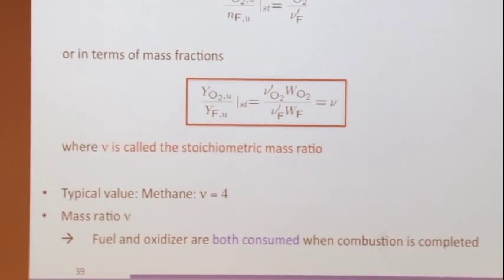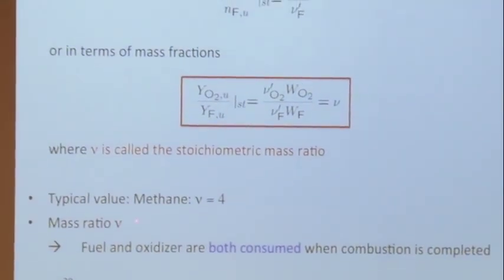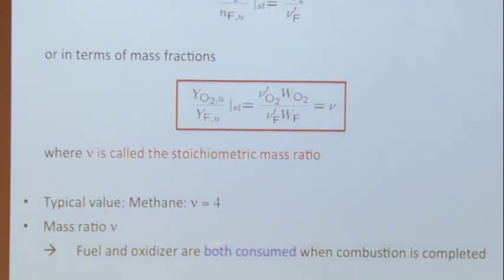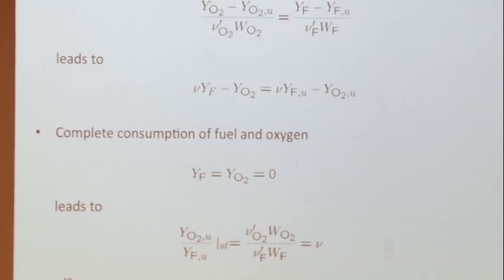So the typical value for methane is 4. Just keep that in mind. We'll see later on if that's helpful. So if the mass ratio of oxidizer and fuel is equal to this nu value, here maybe 4, then both are consumed when combustion is completed.